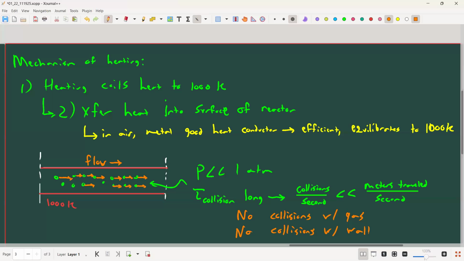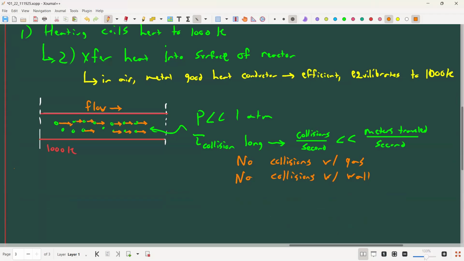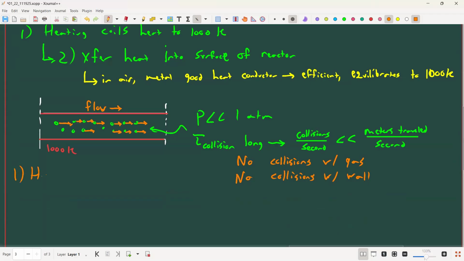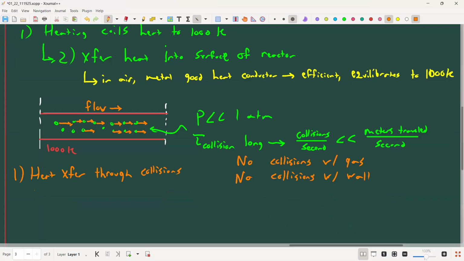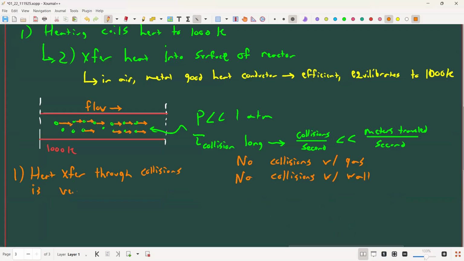Right? So that means, but the question now is, is there another way that the system can heat gas? Right? So it can't heat through collisions, but there's another way it can heat. So heat transfer through collisions is very poor, right?